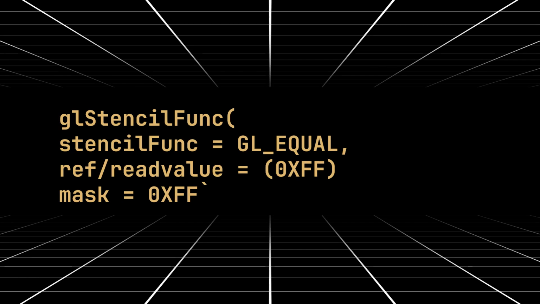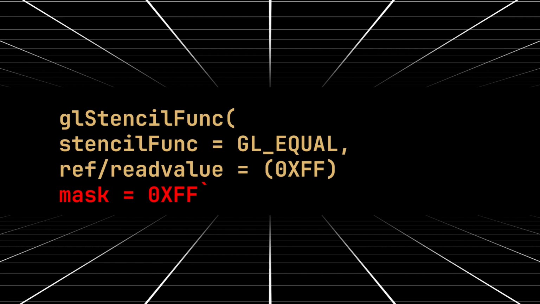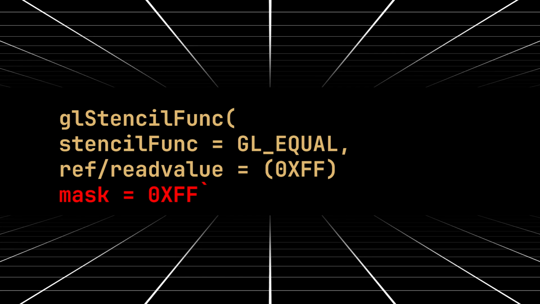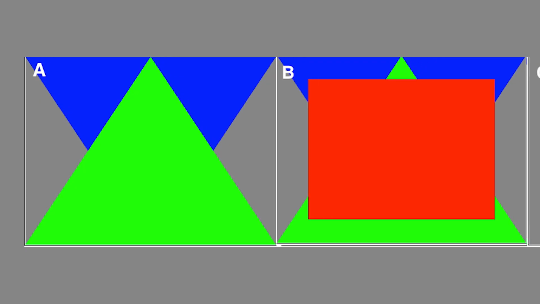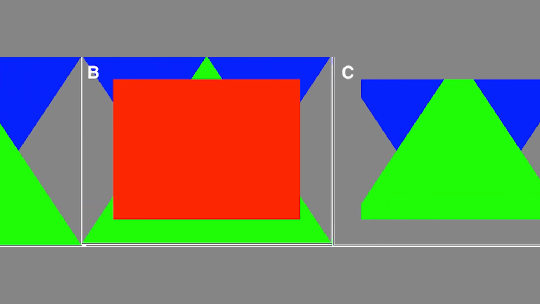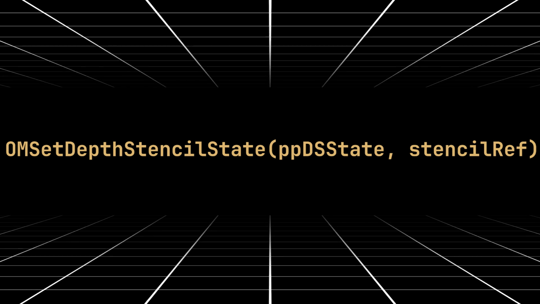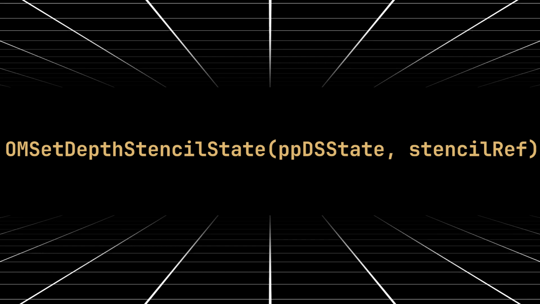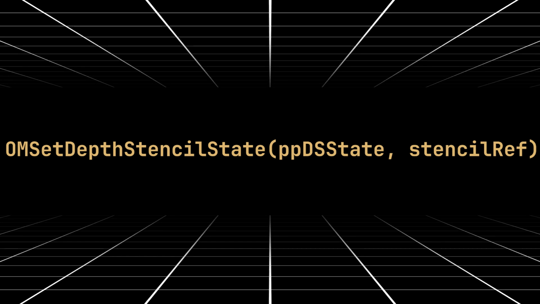And here is where it becomes a bit confusing, but bear with me. In glStencilFunc, the third parameter, mask, is actually something that we do not have in DirectX. It masks out values in the current stencil value, but also in the read value or the ref value. And here the other way around also applies, because DirectX has something that OpenGL does not, which is when calling OMSetDepthStencilState, we pass in a stencil ref.